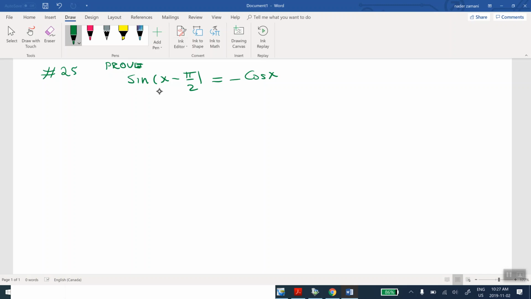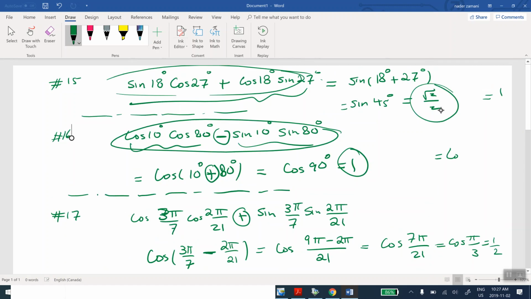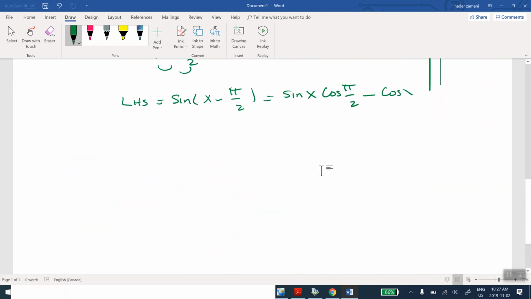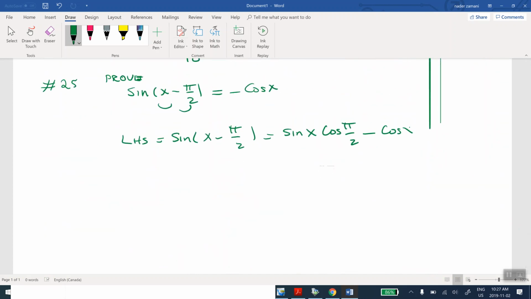Okay, so you have the sine of the difference. Left-hand side equals sine of x minus pi over 2, and we know how to expand this. It's the sine of a difference of two angles, so it's going to be sine x cosine of pi over 2 minus cos x sine of pi over 2.